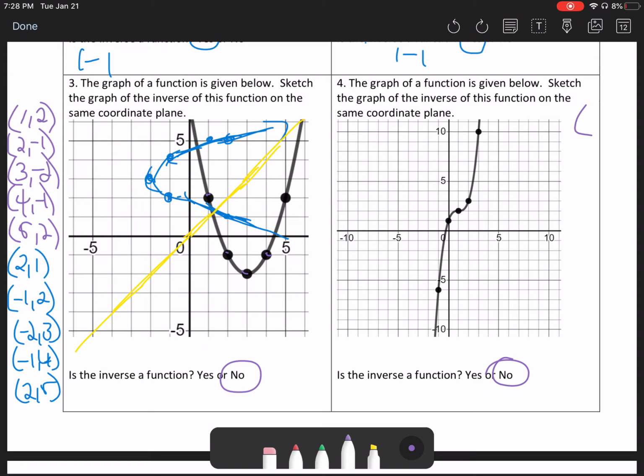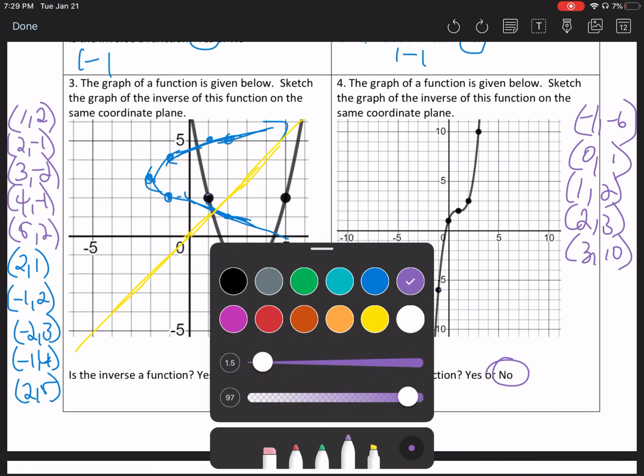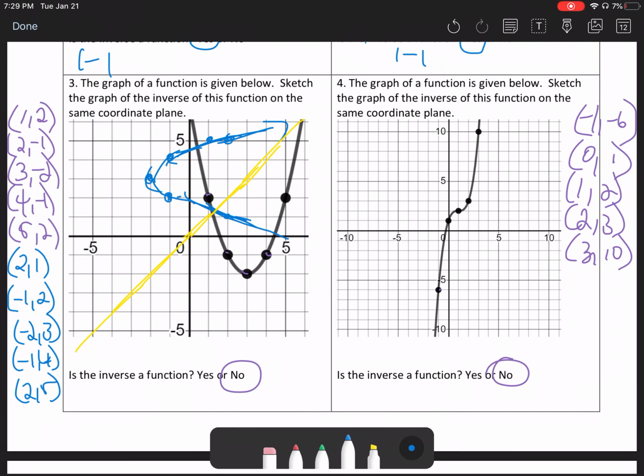Now I make sure that I write these in order. So I have -1, -6. I have 0, 1. I have 1, 2. I have 2, 3, and I have 3, 10. For my new function, I reverse it, so it's going to be -6, -1.